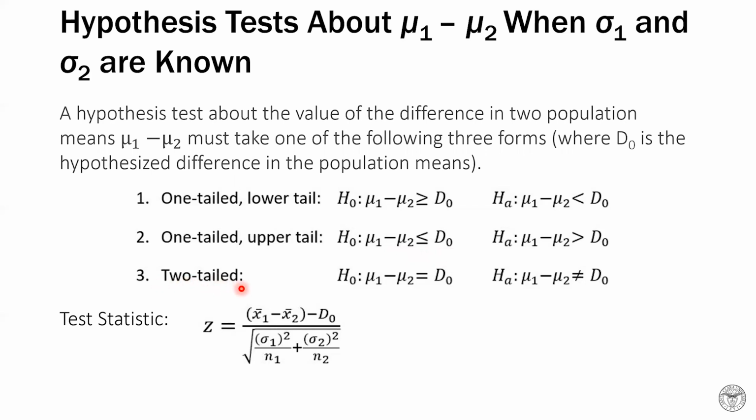And the third one is two-tailed. The null hypothesis is mu1 minus mu2 equal to d sub 0. In many cases, the value of d sub 0 is set to be 0.